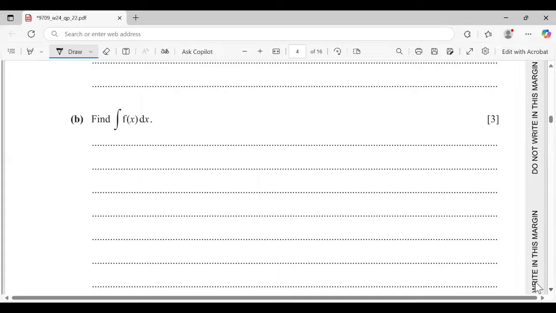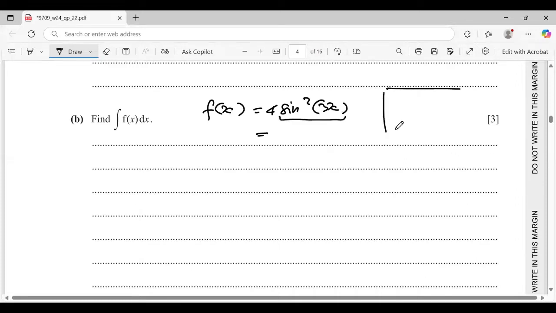Find the integral of f(x). So f(x) is 4 sine squared 3x, or the integral of this function. But I would like to simplify this sine squared 3x based on the trigonometric identity that sine squared x equals 1 minus cosine 2x over 2, like this.